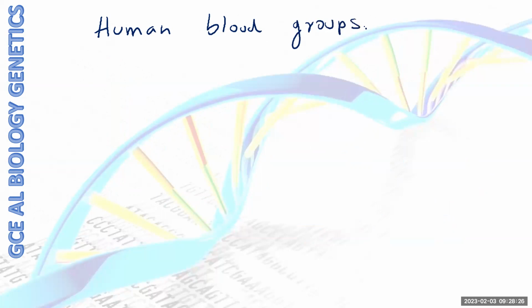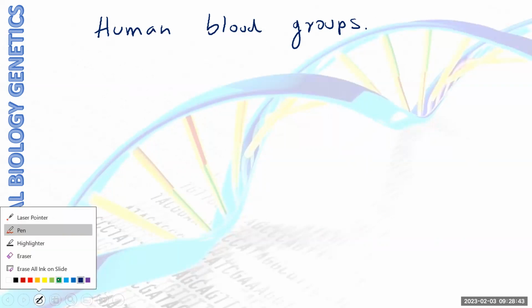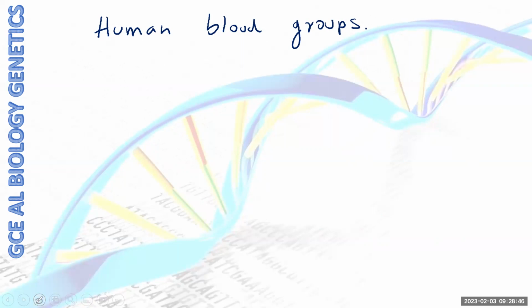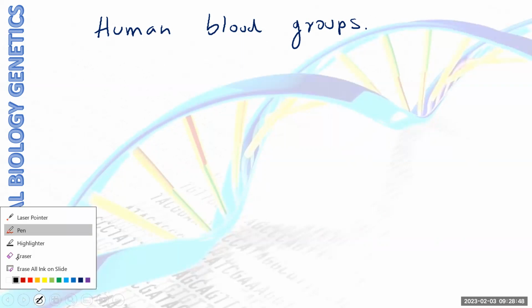So you have done circulation, right? The circulatory system. In unit 5, we learned about human blood groups, and now we are in unit 6.